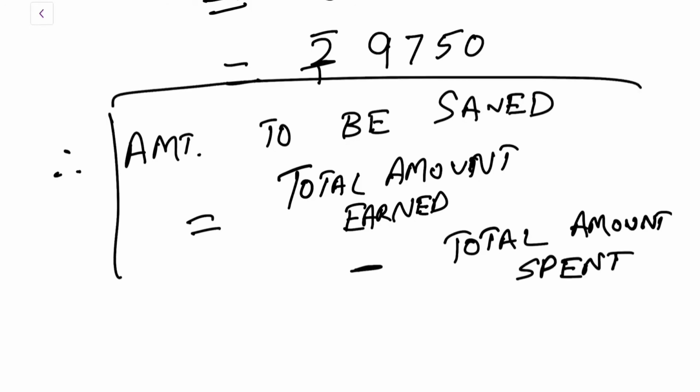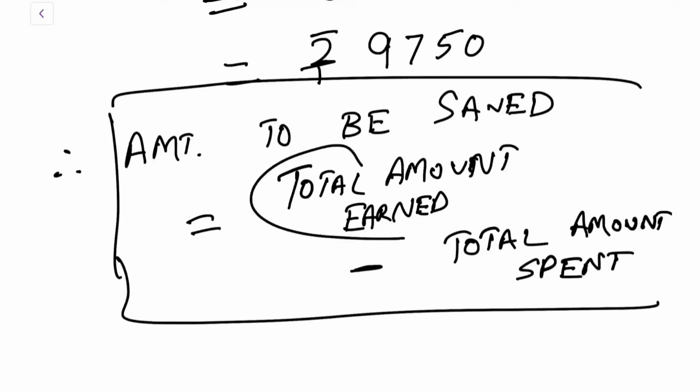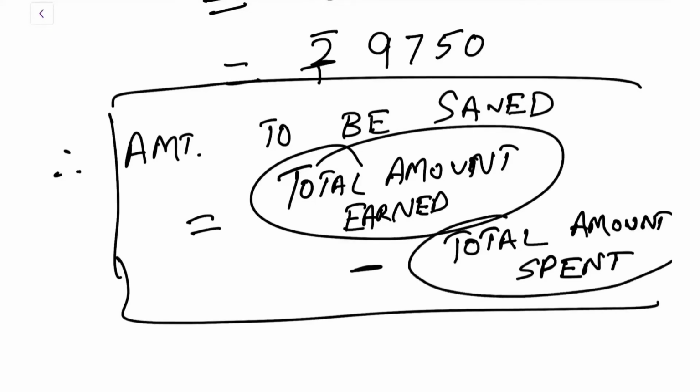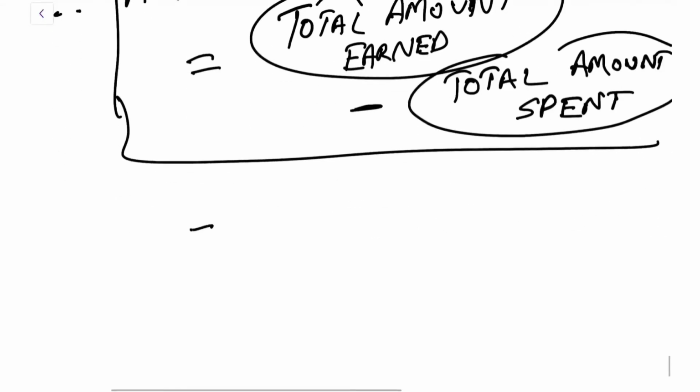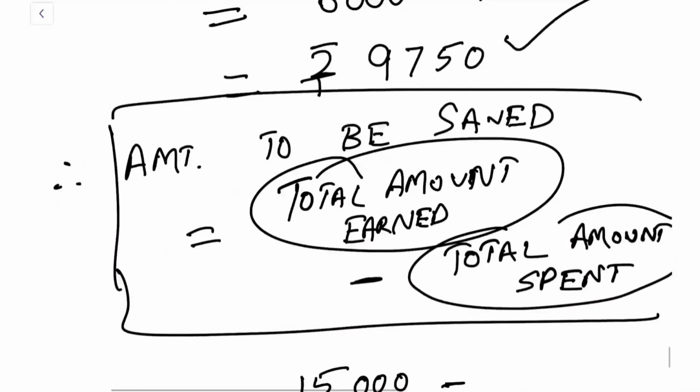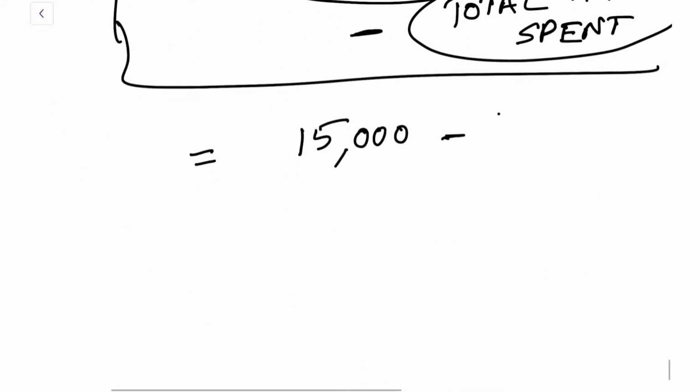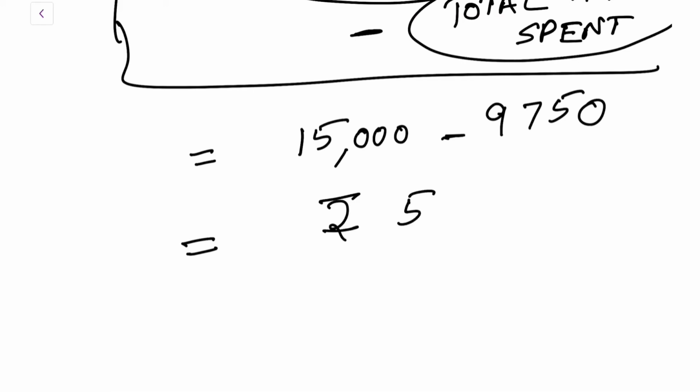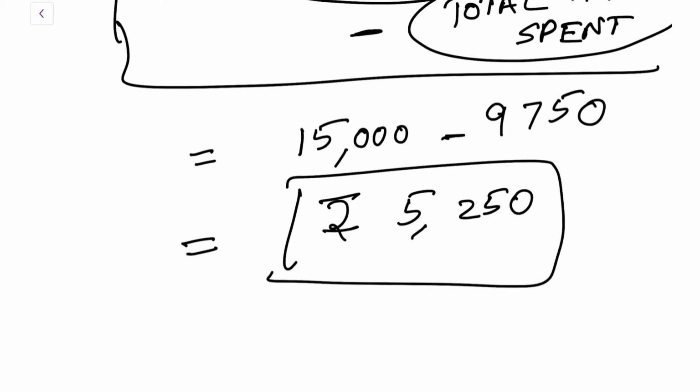Exactly. So what's the total amount she earned? 15,000 minus the total amount she spent, we got it as 9,750. Great. If you do the subtraction, you will get 5,250 rupees, and this is the total amount Ritu saved.